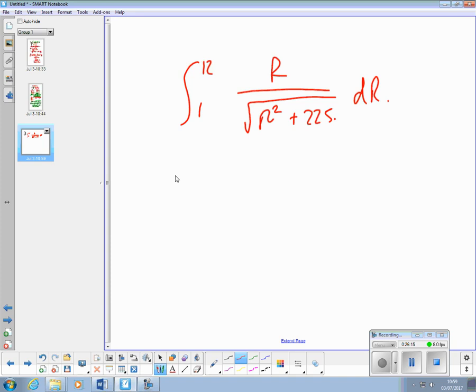You're going to do it by substitution, i.e. let u equal r squared plus 225. No, you don't do that. Because the square root is a function, that makes it a function inside a function, doesn't it?